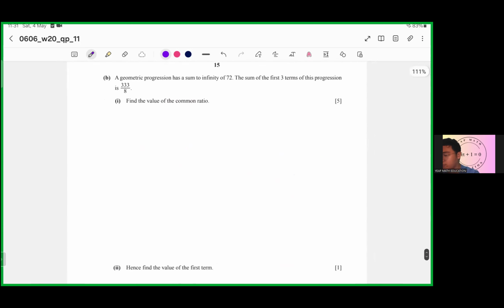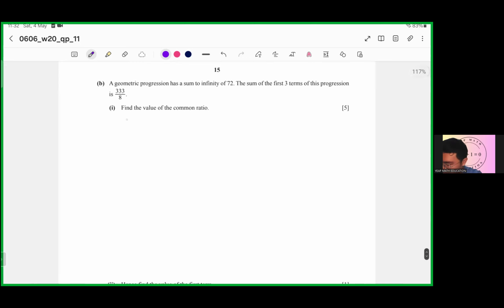Okay, a geometric progression has a sum to infinity of 72. The sum of the first three terms of this progression is 333 over 8. So the first part is to find the value of the common ratio.